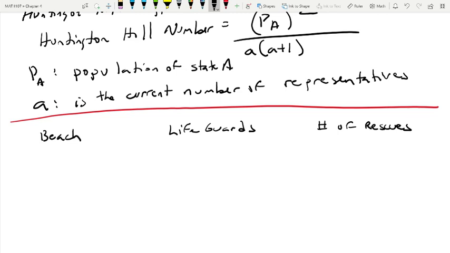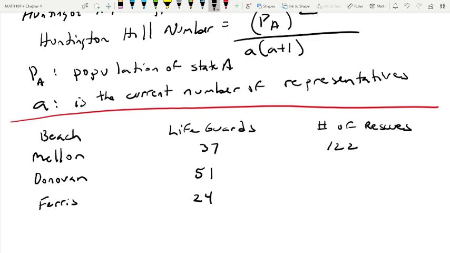We have Mellon, Donovan, and Ferris. For lifeguards, we have 37, 51, 24. Rescues, 1227, 1473, and 889. So we can now calculate that Huntington Hill number.